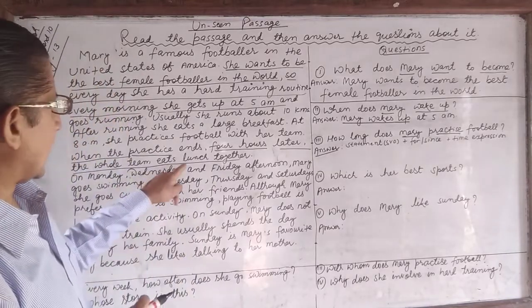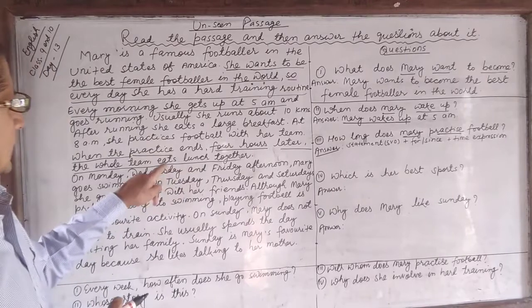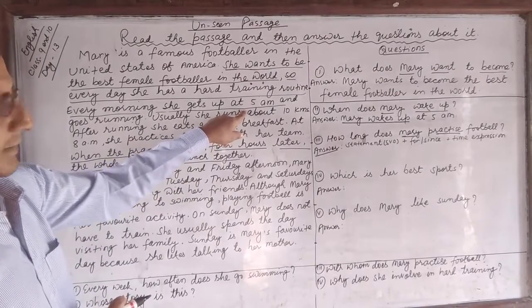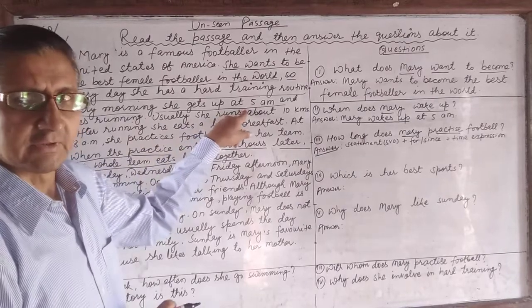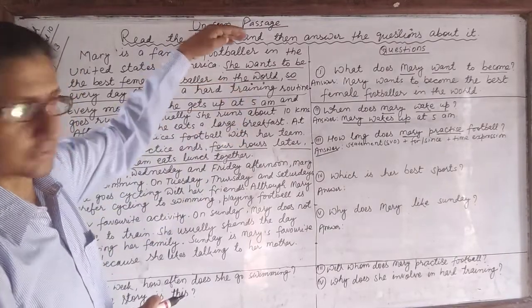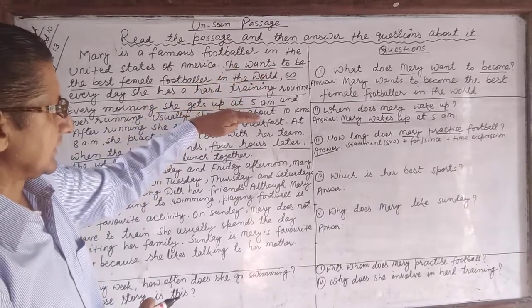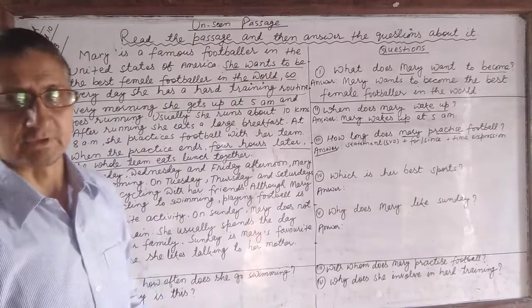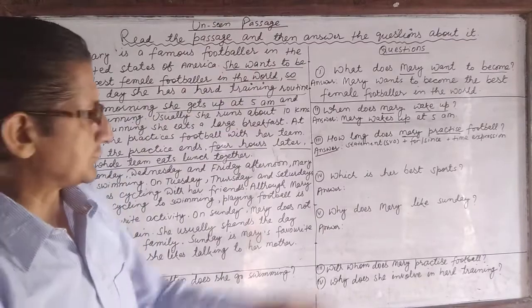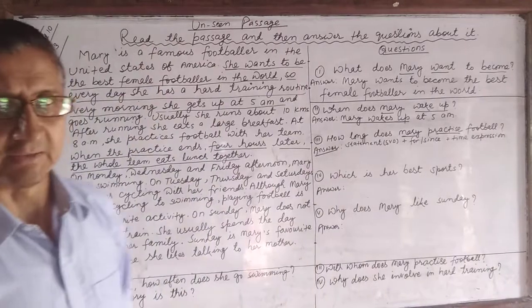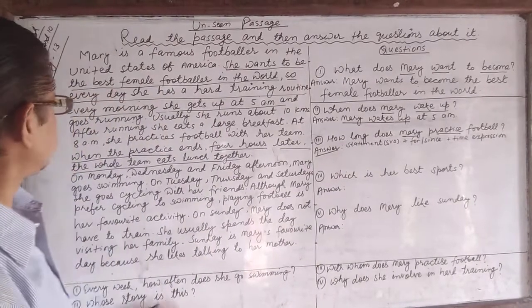We have got the answer of question number 2 in this sentence. So we don't study this portion of the passage. We read the later portion of the passage to find out the answer of the third question, that is how long question.